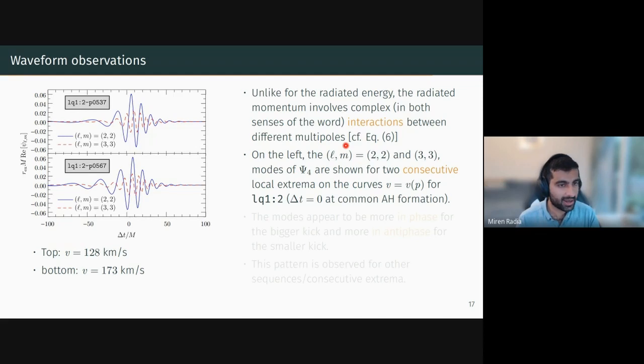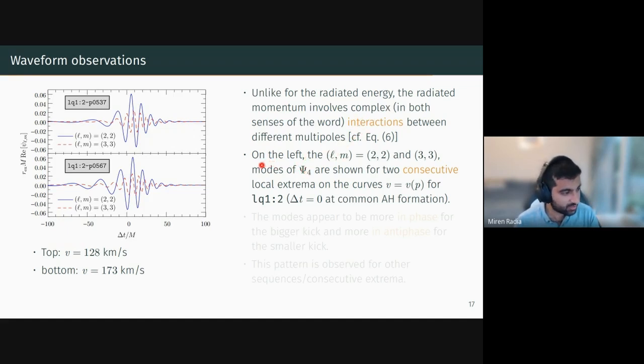So if we go back to equation 6, which was that complicated formula I showed you earlier, the L tilde equals 2, M tilde equals -2 term involves contributions from the 2,-2, 2,1, and 3,3 multipoles of psi4. So yeah, I've already talked about this equation 6, the complex interactions.